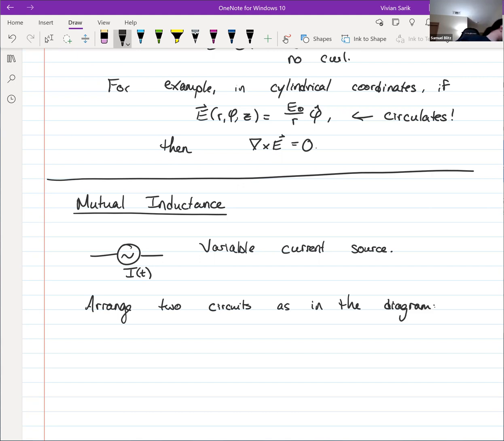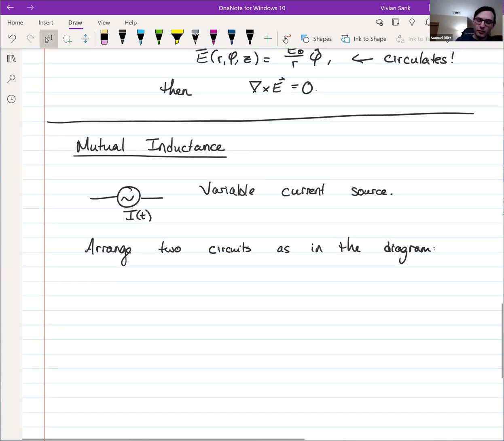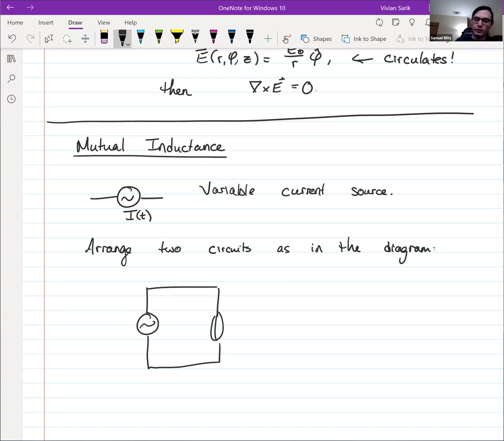So say we have a circuit with a variable current source and it's hooked up to a solenoid or to a bunch of coils. And then there's another bunch of coils over here that's hooked up to a different circuit. They're not actually touching. And we are just measuring the voltage across that different loop of wires.